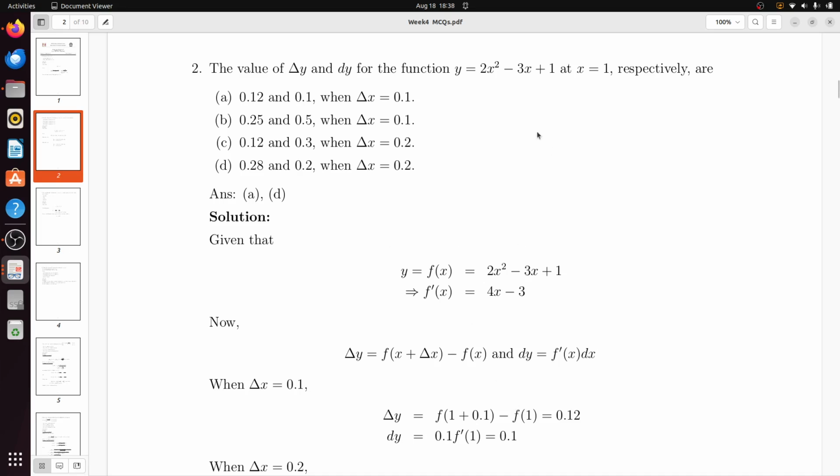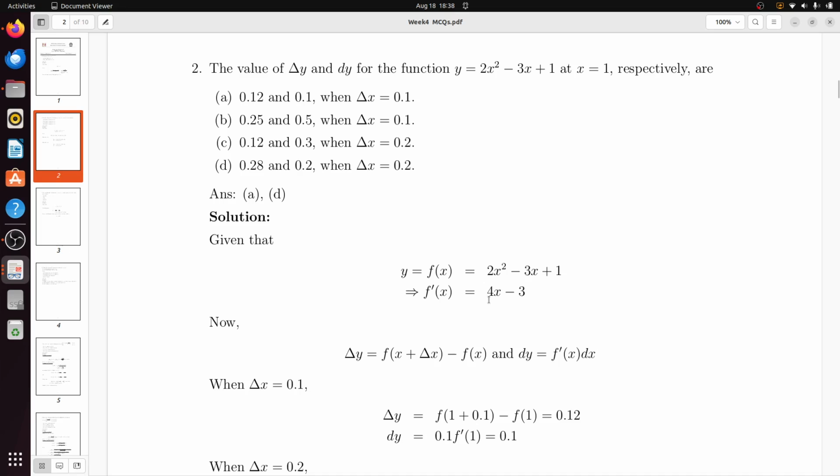So y equal to 2x squared minus 3x plus 1. So how to proceed now? y equal to f(x) equal to 2x squared minus 3x plus 1. So how to take the derivative f prime x? You know how to take derivative, just d/dx.